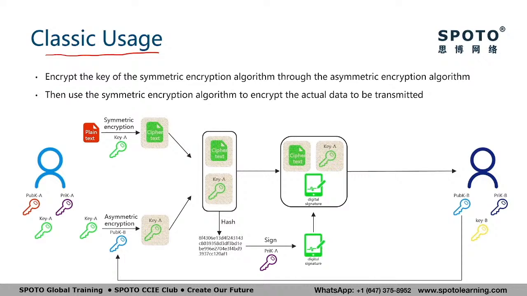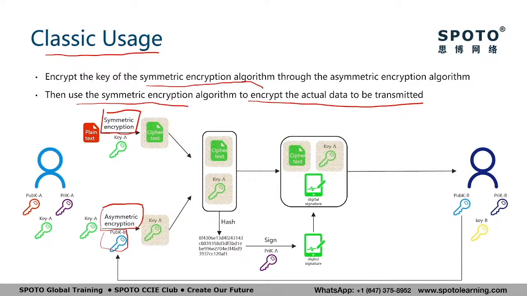As we know, the symmetric encryption is fast and compact. So we use the symmetric encryption algorithm to encrypt the actual data to be transmitted. It's faster. Then we use asymmetric encryption to encrypt the key which is used for the symmetric encryption algorithm.